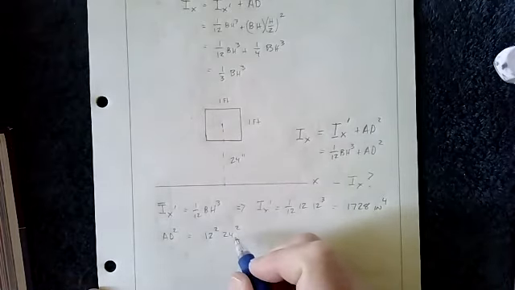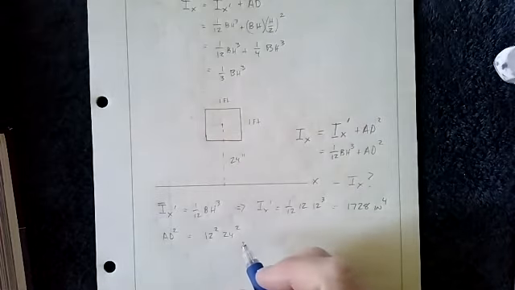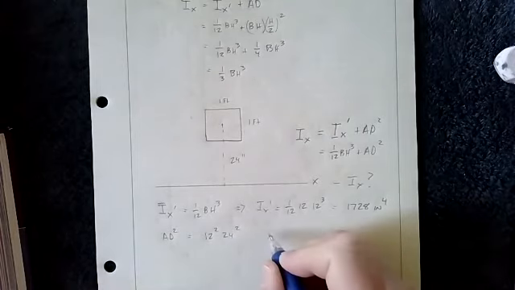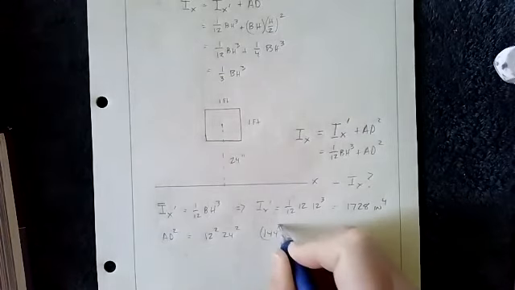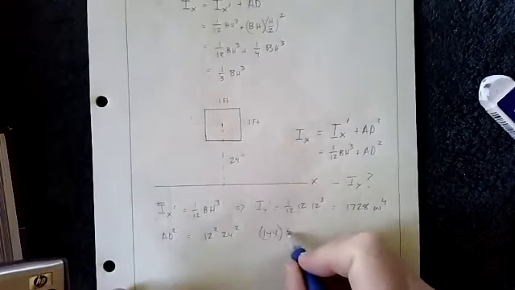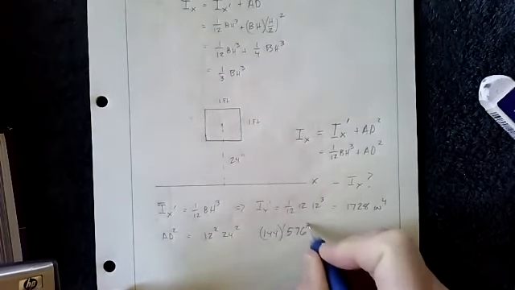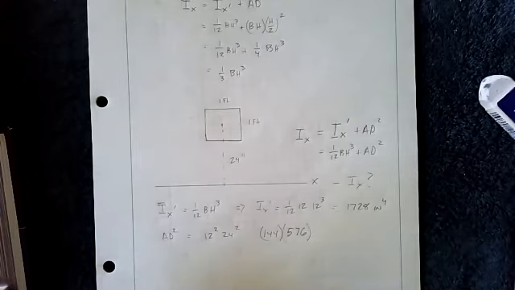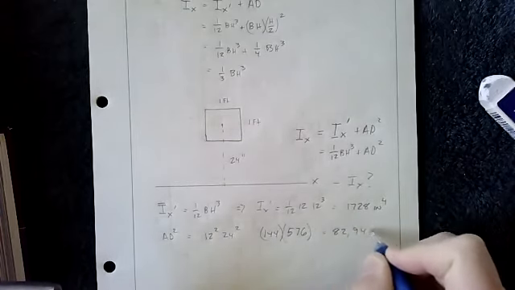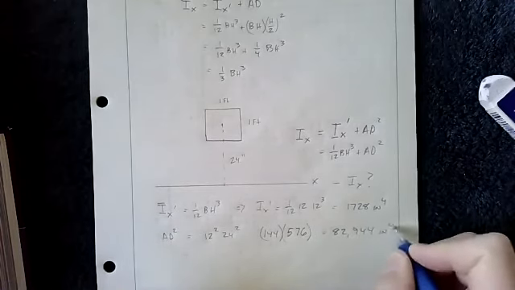If we calculate that, we have 144 times 24 squared, which I believe is 576. Multiplying those together, we get 82,944 inches to the fourth.